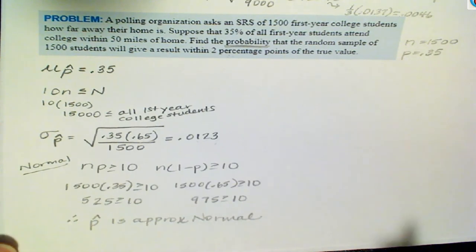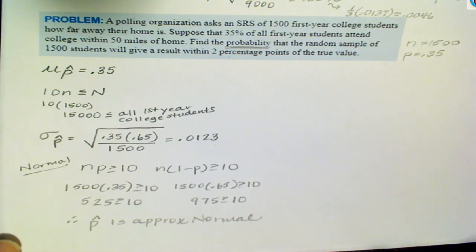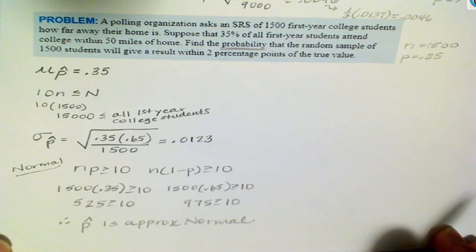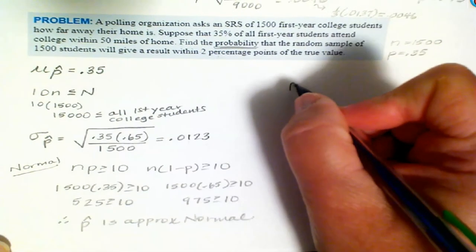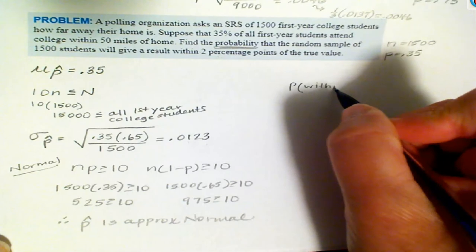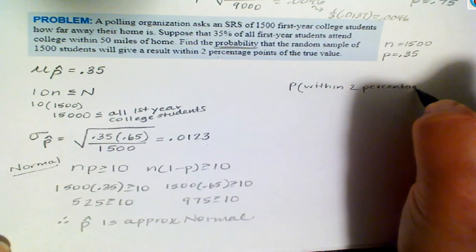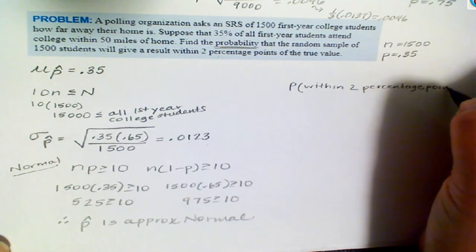This is kind of a weird one. It's kind of a harder one, because a lot of times it'll just ask, what's the probability that 25% of the students, or less than 25%, live 50 miles from home. This one's a little different because it's asking what's the probability that you're within 2 percentage points of the true value.